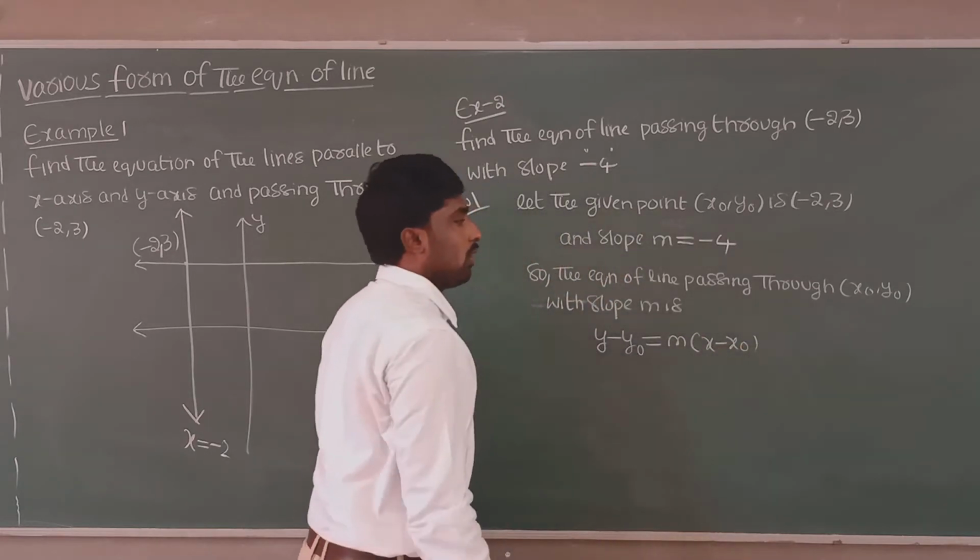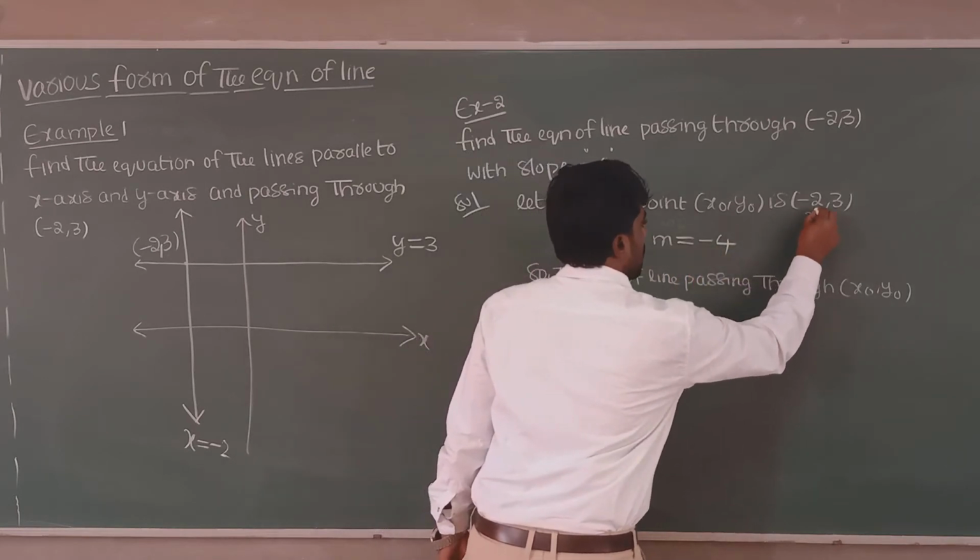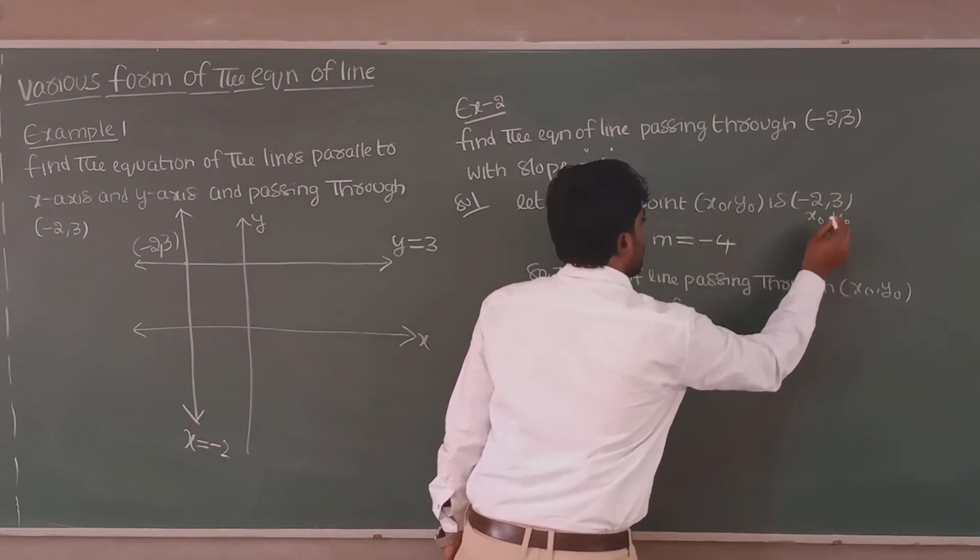Is it clear, everyone? Now what is the value of m here? Minus 4. x0 is what? Minus 2. y0 is what? 3. Okay.